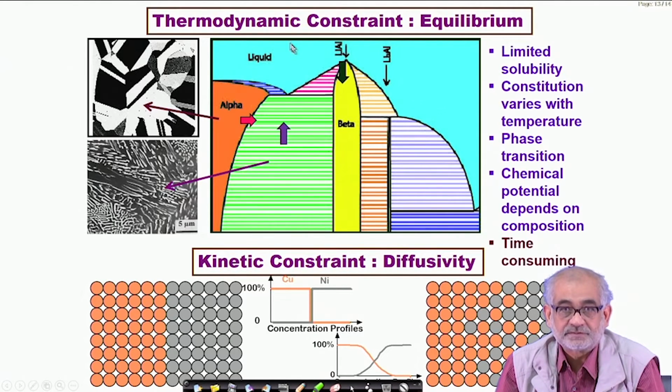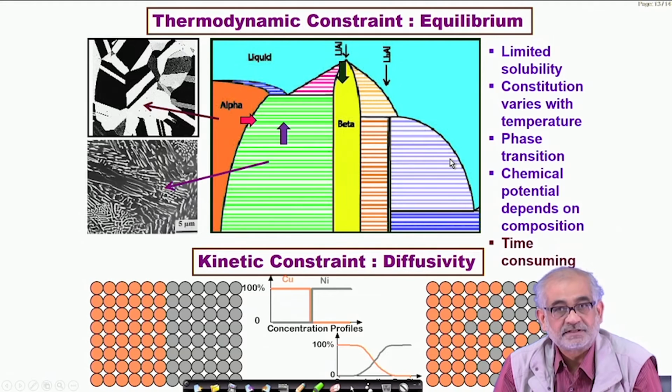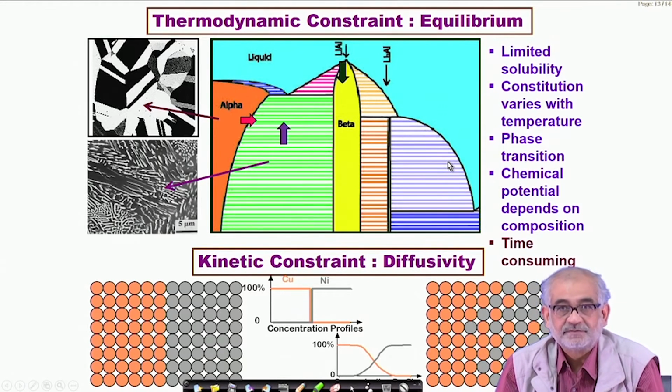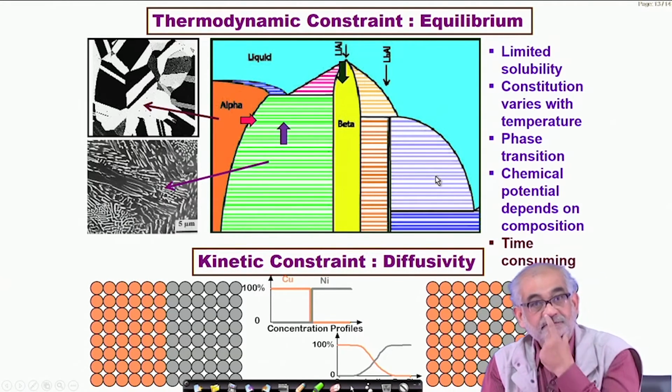One is the so-called thermodynamic aspect related to the equilibrium, which allows, for example, this two-dimensional pictorial description, the so-called thermodynamic phase diagram, where the x-axis describes the composition of a binary system and the y-axis refers to the temperature, assuming that in a condensed system like this, pressure has very little influence.